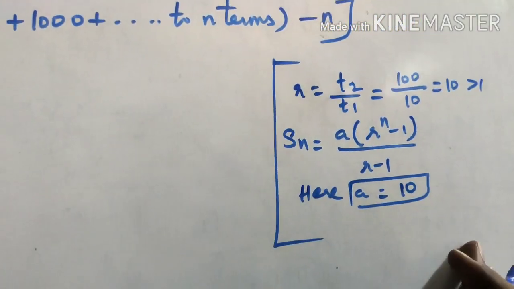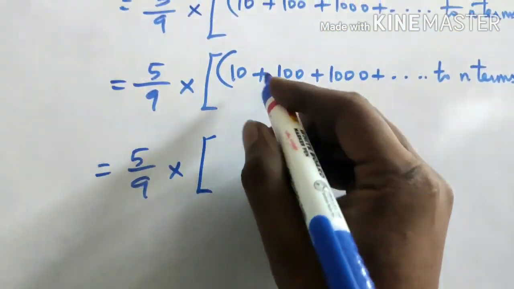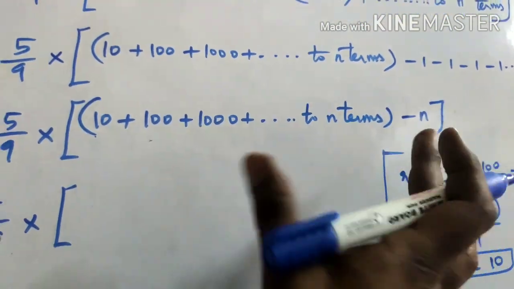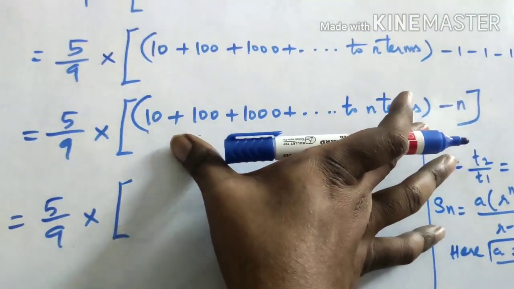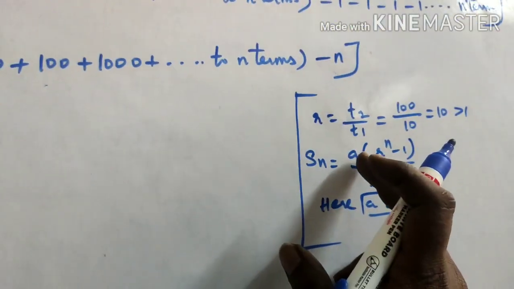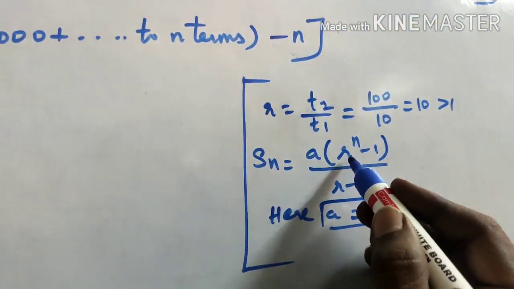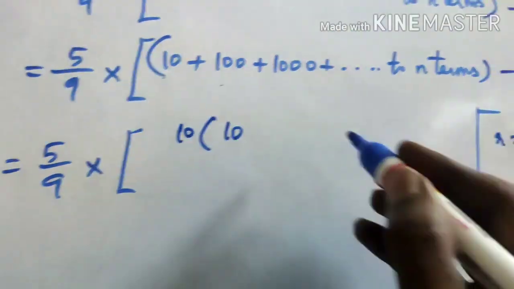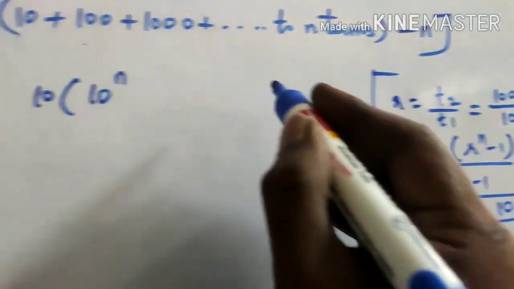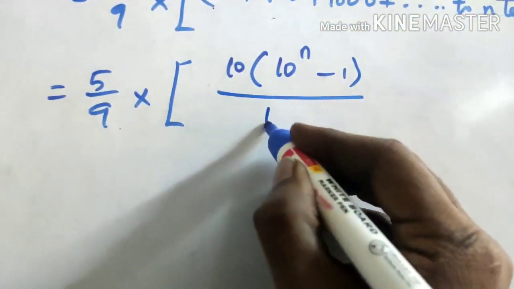This is not rough work. This is a part of the sum. Okay, right. So instead of this one, which one? 10 plus 100 plus 1000 plus till n terms. Instead of this alone I am using the formula. See here, instead of A put 10 into, instead of R, 10 power n minus 1 by R minus 1, that is 10 minus 1.